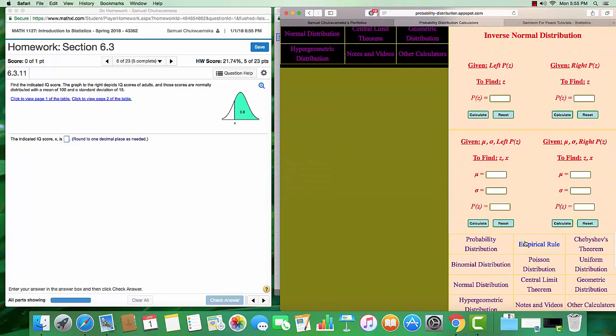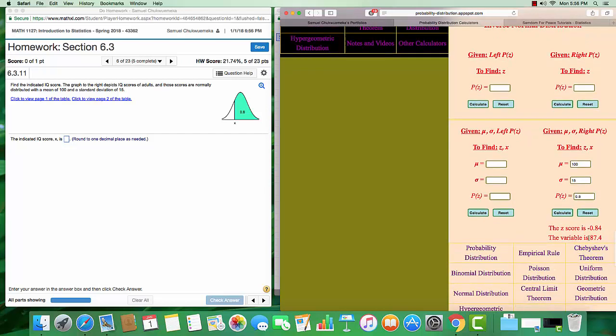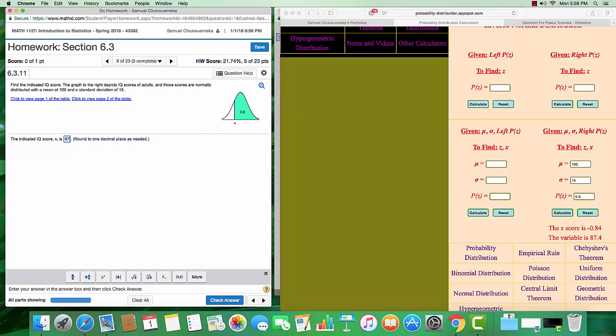And as you go there, you use this one, because here they gave you the area to the right. So we put in the mean. The mean is 100. The standard deviation is 15. And the probability is 0.8. Okay, press calculate. And you see that the x is 87.4.